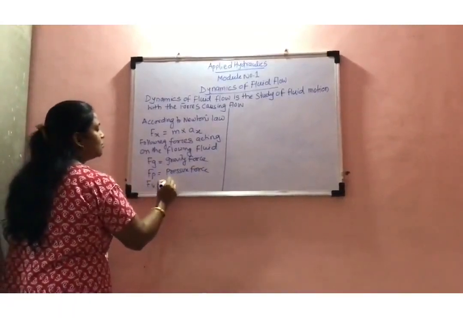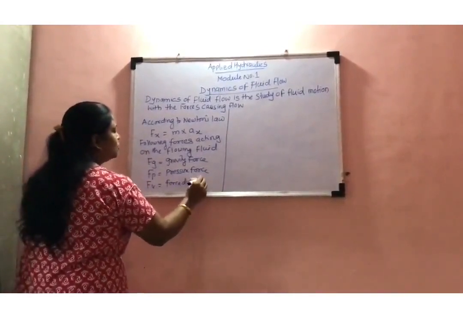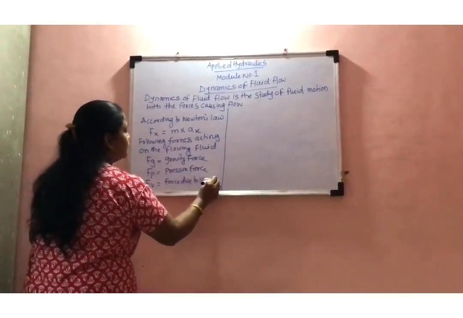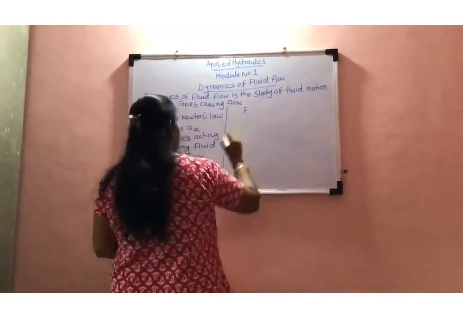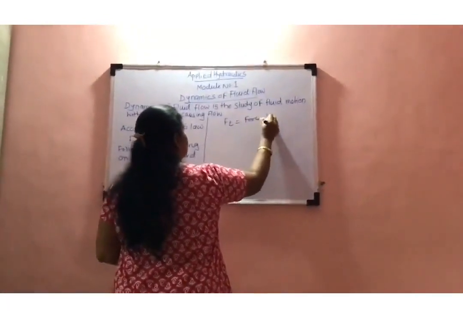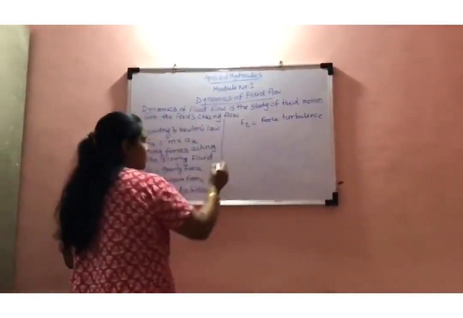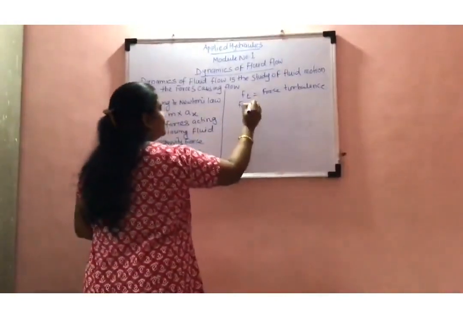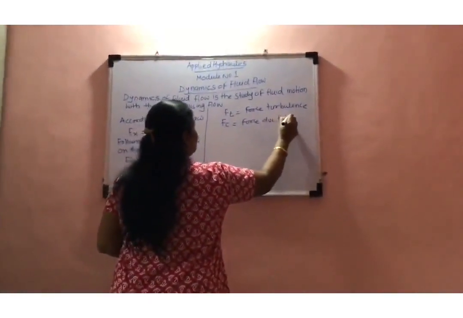Fv means force due to viscosity. Then force due to turbulence, that is Ft, and Fc is equal to force due to compressibility.